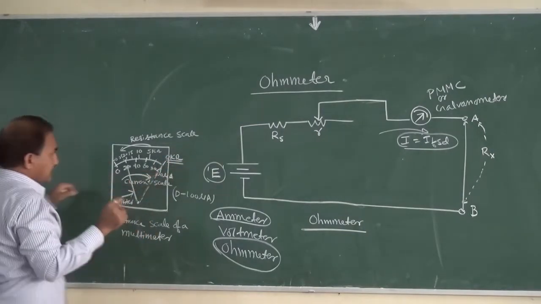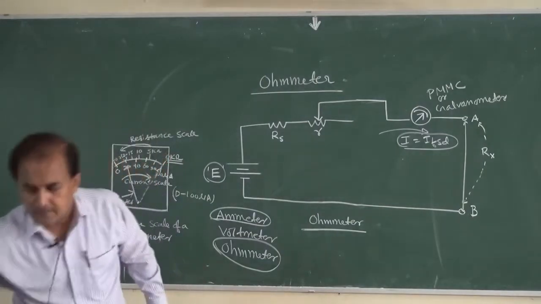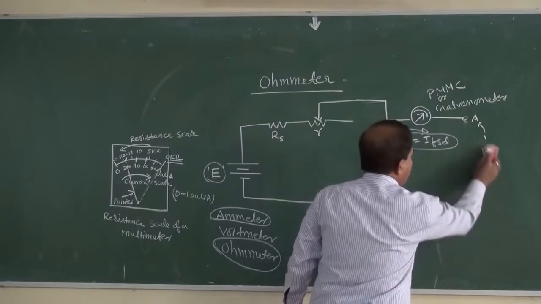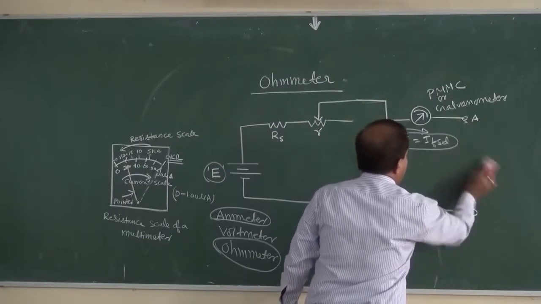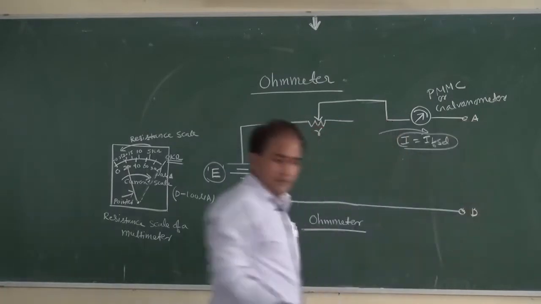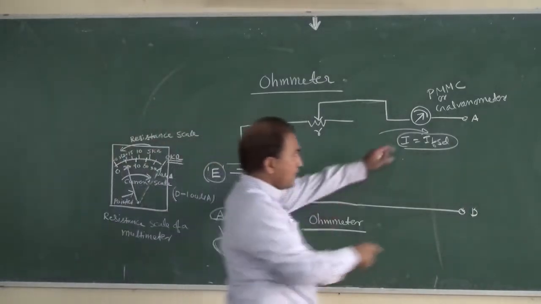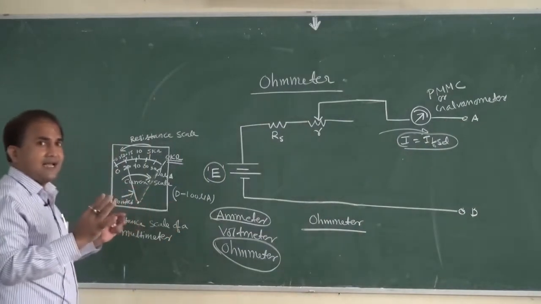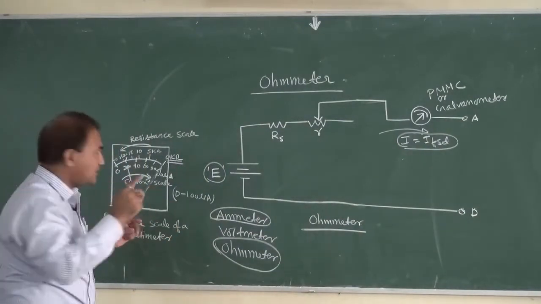Then when these two points are open, the resistance will be infinite and the current flow is equal to 0.